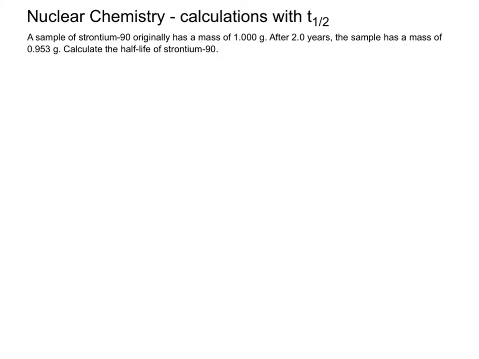So in this case, I actually saw a few of you do this. You actually set up your equation. You wrote down natural log of N_t over N_0 equals negative kt. And then I saw you actually writing in what everything was.